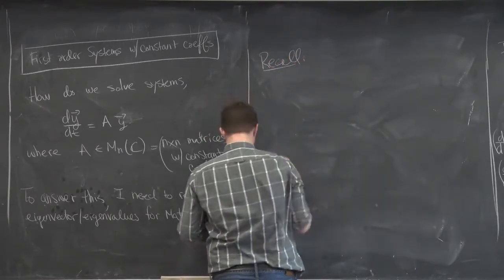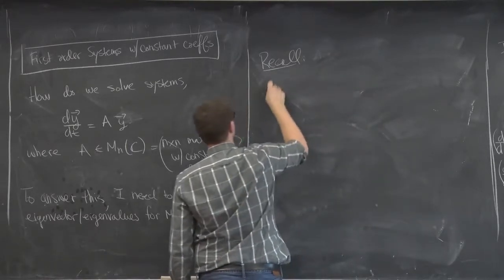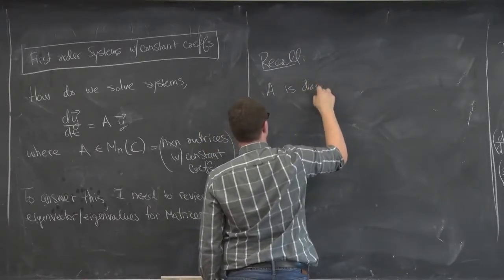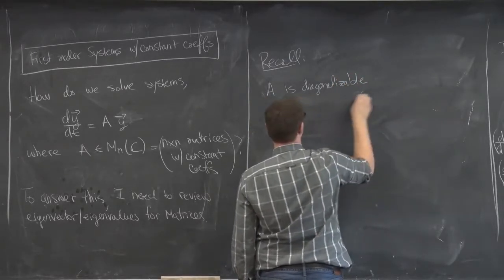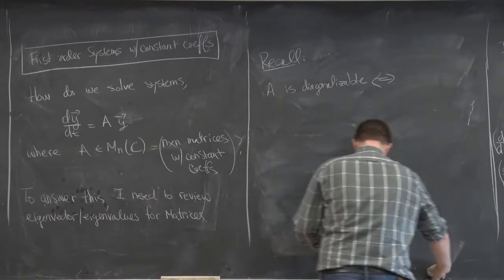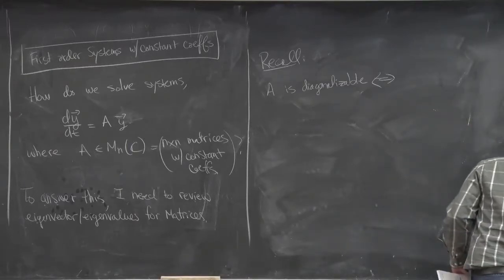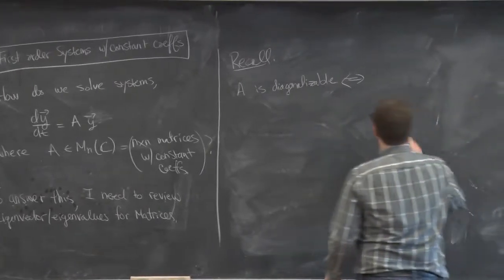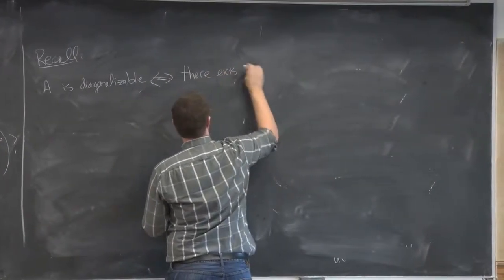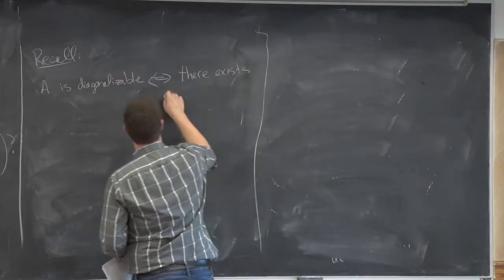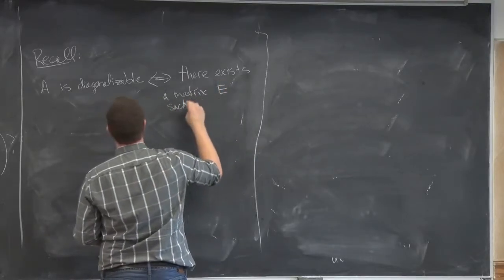A matrix A is diagonalizable if and only if, so I guess you could call this the definition, there exists a matrix E, an n by n matrix.